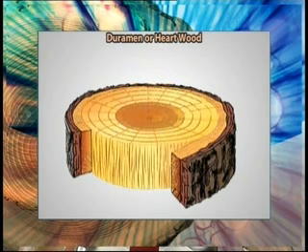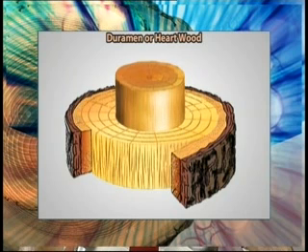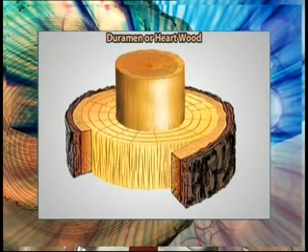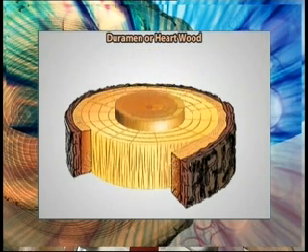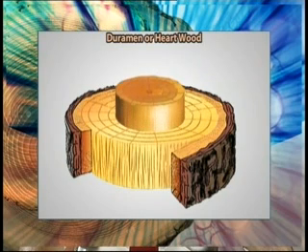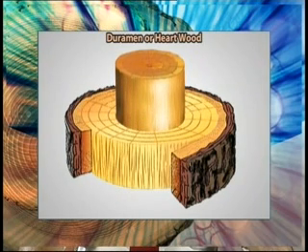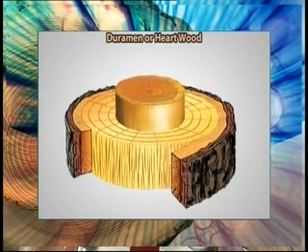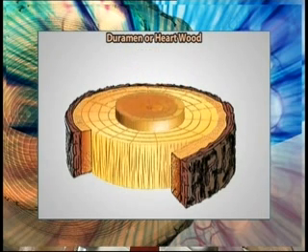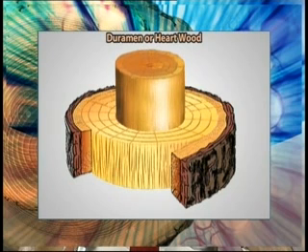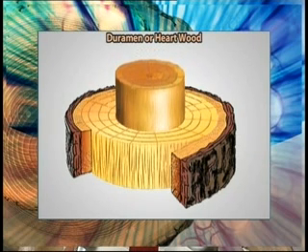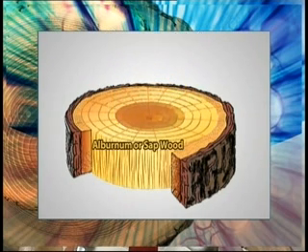It appears dark in color due to the accumulation of pigments resulting from oxidation of organic compounds like oils and tannins. It is incapable of conducting water and provides only mechanical support to the trees. It is this part of the secondary xylem that is used as the commercial wood.